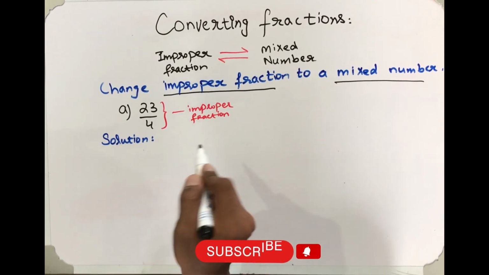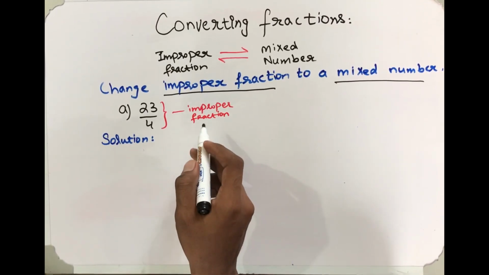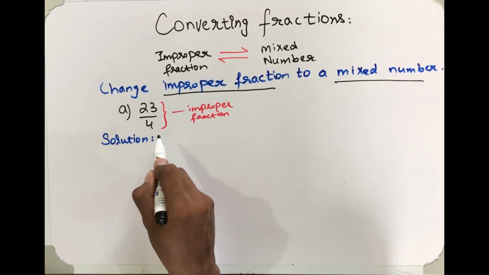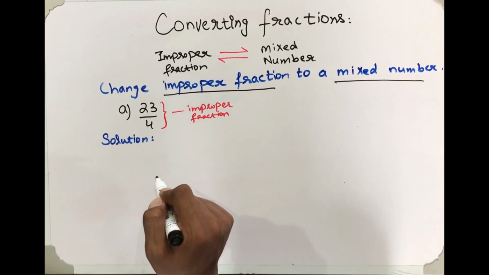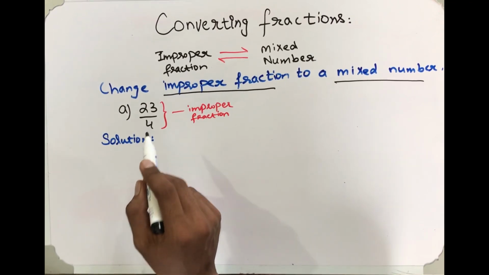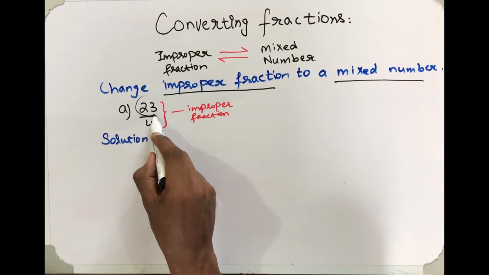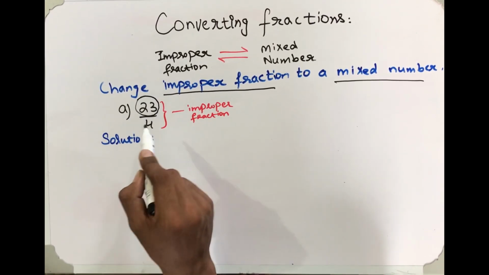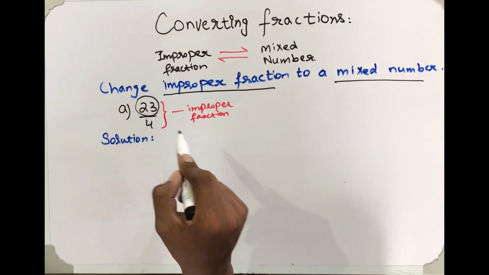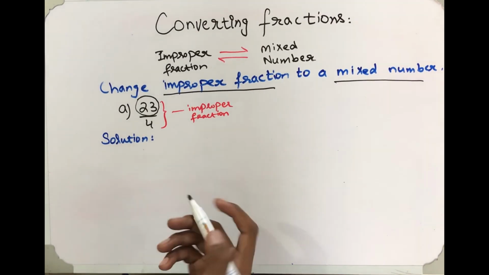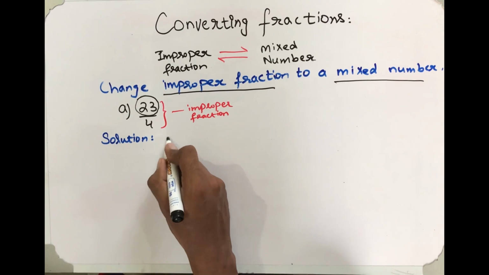Let me tell you how we can see this is an improper fraction if we are not given the name: 23 over 4, or we can say 23 divided by 4. Here 23 is the numerator, and when the numerator is greater than the denominator, this type of fraction is known as an improper fraction. So solution: here we are going to solve this question.